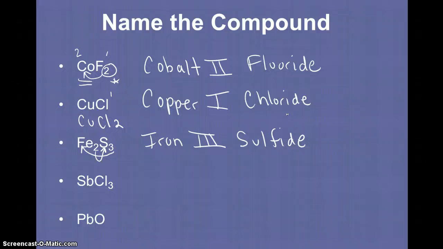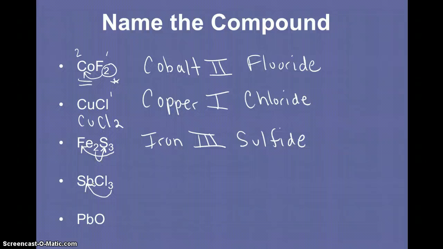Next one, we have antimony with chlorine. Again, ionic compound, metal plus a nonmetal. Yes, that first element, the metal, has more than one oxidation state. So I have to give a Roman numeral in the name. And this 3, I know, belongs to antimony. Okay? And a 1 for chlorine. But that's okay.